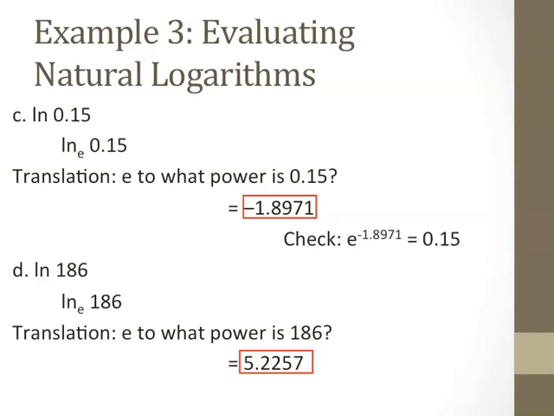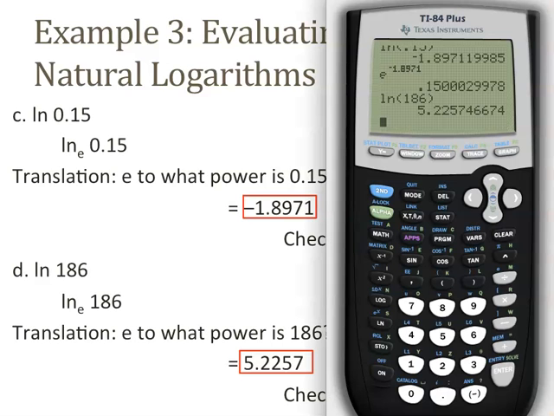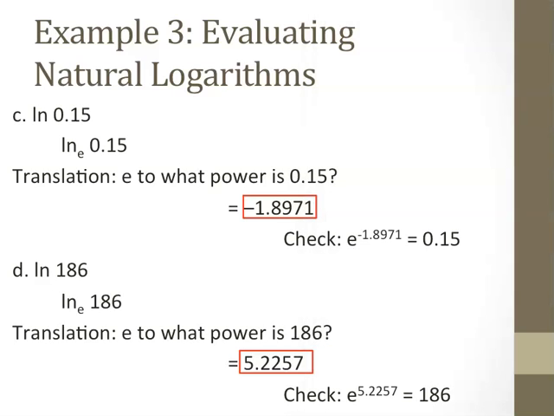And again, you can check your answer by trying e to the 5.2257 and see if it comes out to be pretty close to 186. And you can see it's not exactly 186, but it's very, very close to it, which is great.